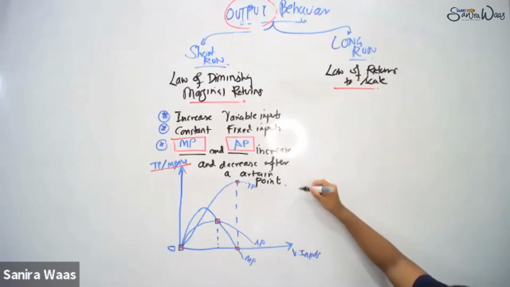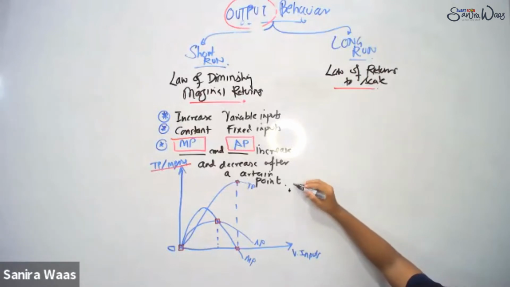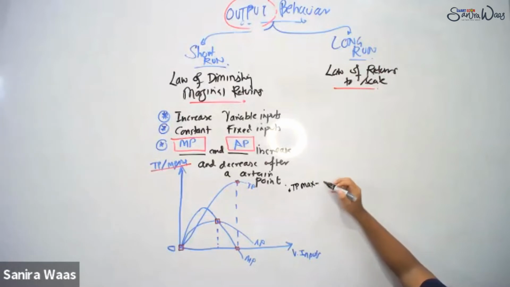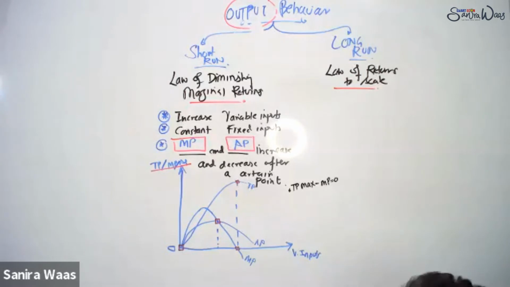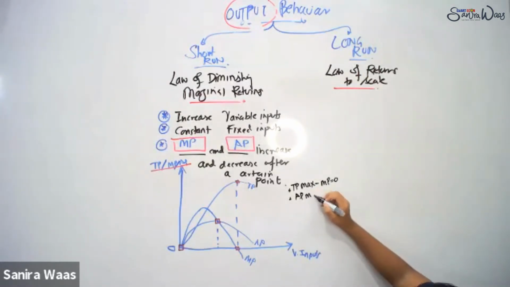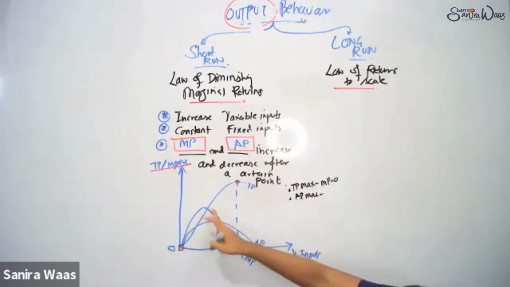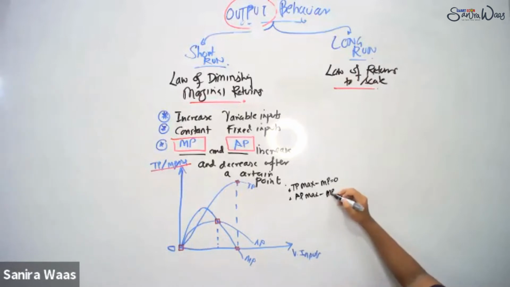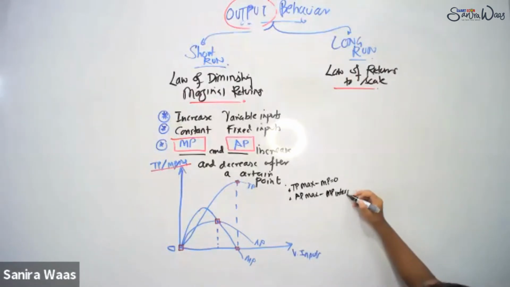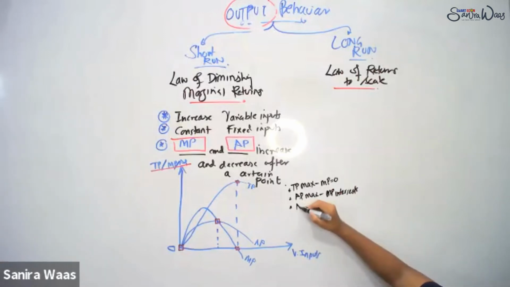First point is TP max when MP becomes 0. Second one, AP max. AP maximum is where MP intersects. The last one is what? All curves start with 0.